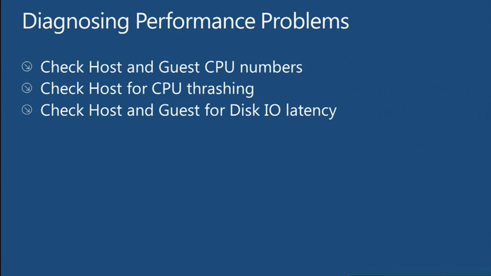There should be no performance problems, but the UI is real sluggish, and the machine is performing like it's got all sorts of CPU problems, even though it doesn't seem to have any. Then as soon as I look at the host platform, all of a sudden I see all sorts of problems. Maybe I see a really high CPU load at the host level. Maybe I see CPU thrashing at the host level. These things you simply cannot see within a virtual machine because nothing is exposed at the virtual machine level.